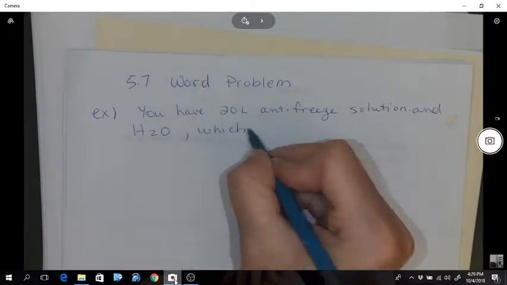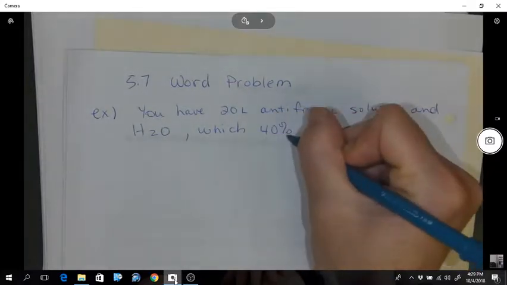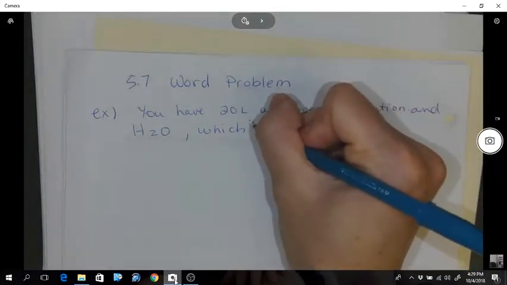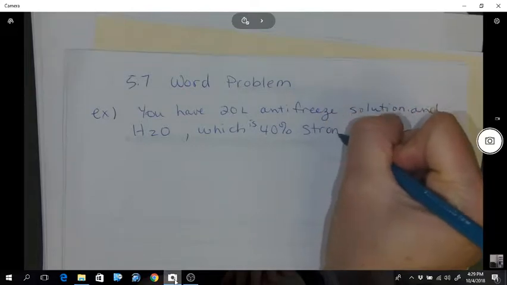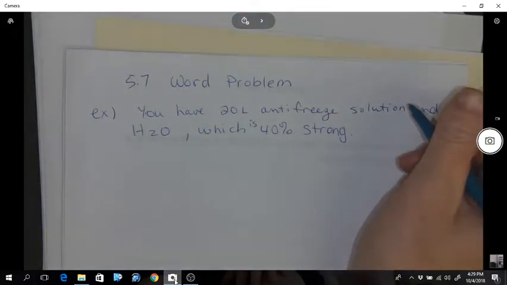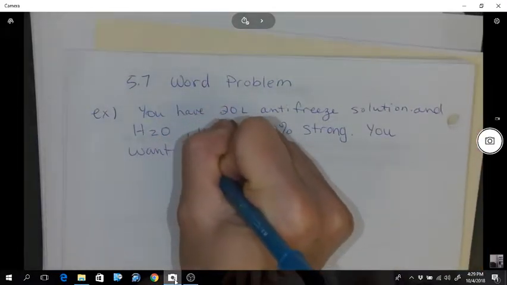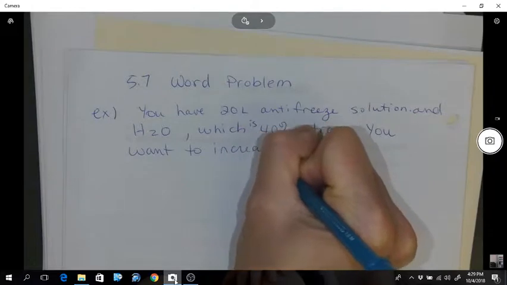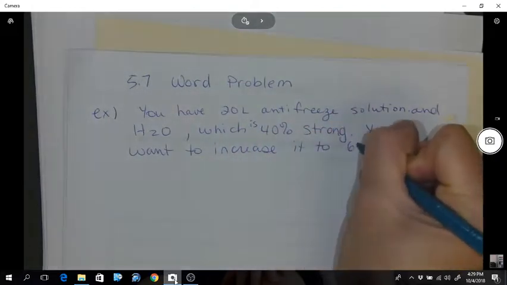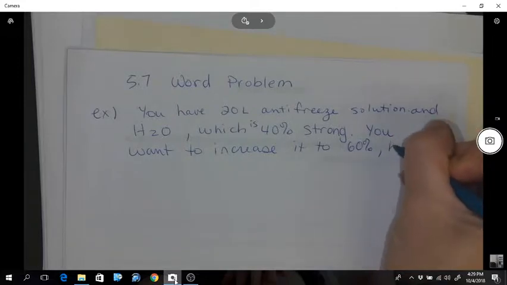So the combination of the antifreeze and water solution is 40%, which is 40% strong. You want to increase this to 60% strength. How much antifreeze should you add?